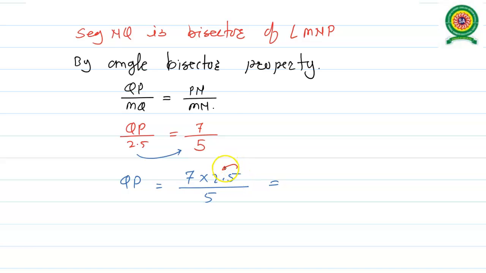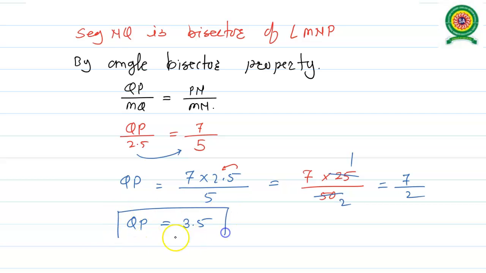Then we get 7 into 2.5 into 10 becomes 25.0, meaning 25, and 5 into 10 in the denominator gives 50. 25 ones are 25, 25 twos are 50, so that will remain 7 by 2. After dividing 7 by 2, we get 3.5. So the QP value is 3.5.